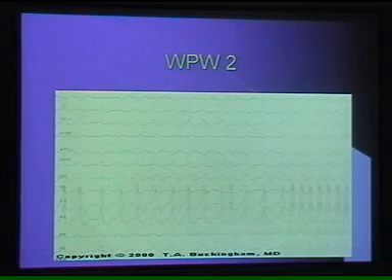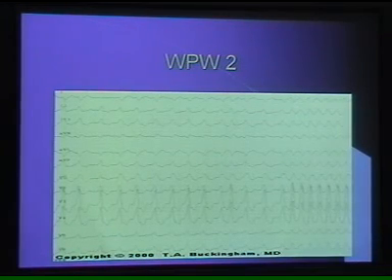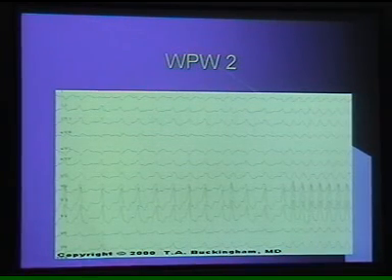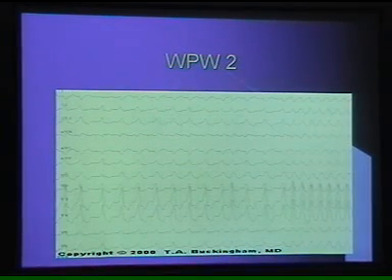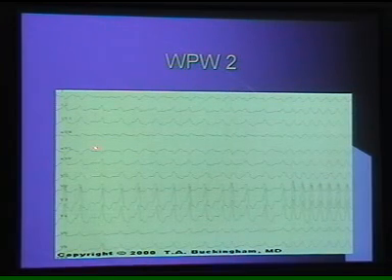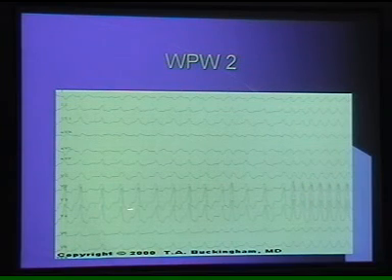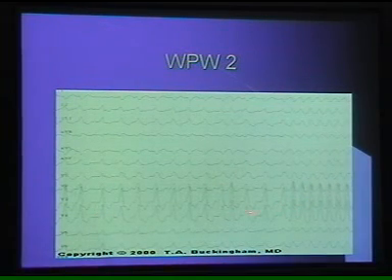Next one. Now, WPW syndrome, because of this extra communication between the atria and the ventricles, which bypasses the AV node, there are more chances of ventricular arrhythmias developing. So we can have repeated attacks of ventricular tachycardia.